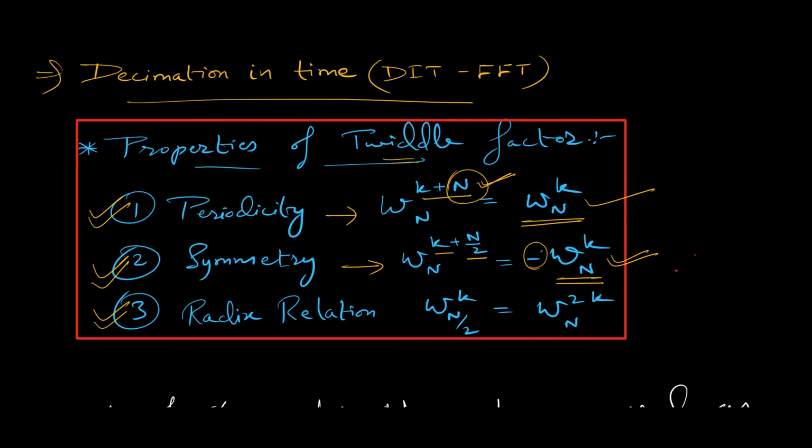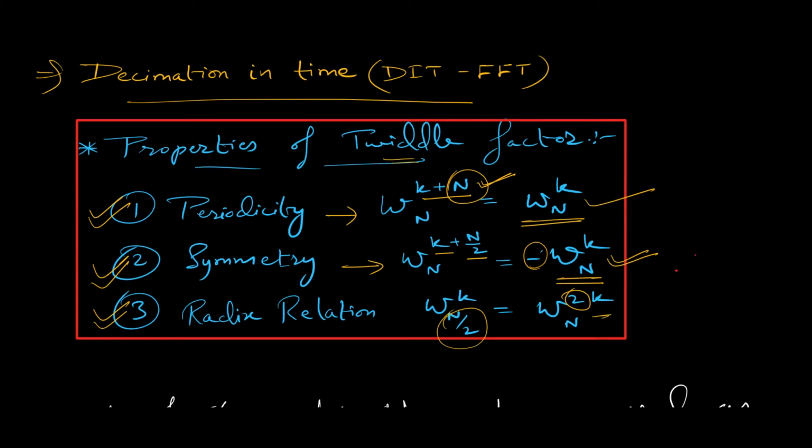According to the third property, if your Twiddle factor is squared, that square will reflect in its radix, that this becomes n by 2.